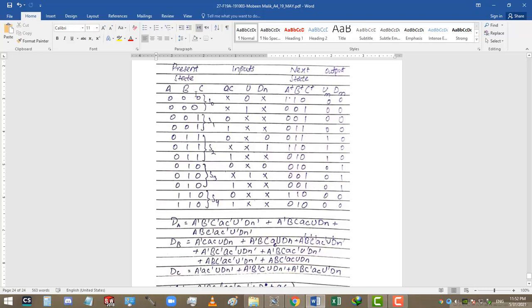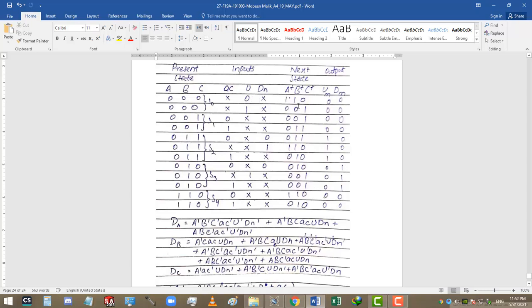So these are my input states. As we can see from the state diagram, the inputs are defined here, and in all the cases which have the defined inputs, the other inputs are treated as don't cares.